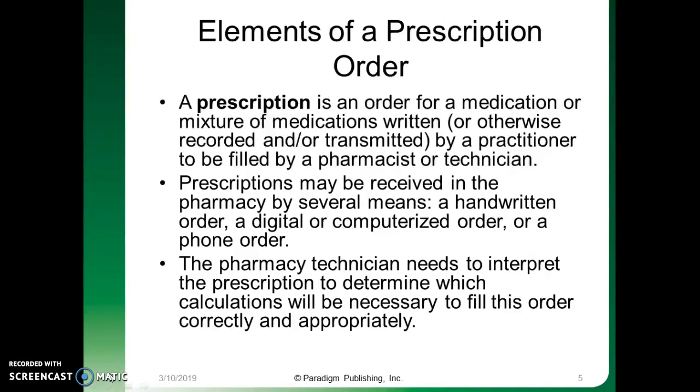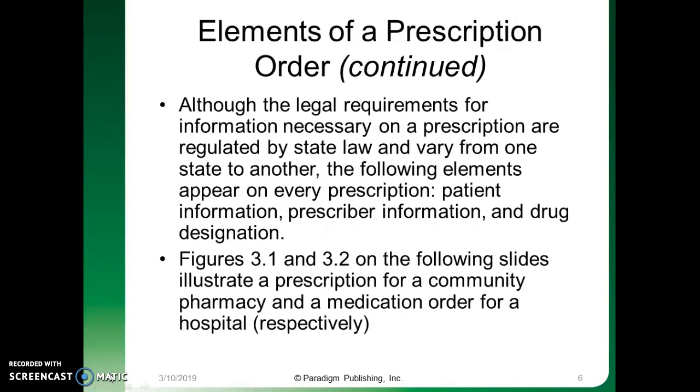A pharmacy technician needs to interpret the prescription to determine which calculations will be necessary to fill this order correctly and appropriately. As well, the technician needs to make sure that the prescription is a legal prescription.